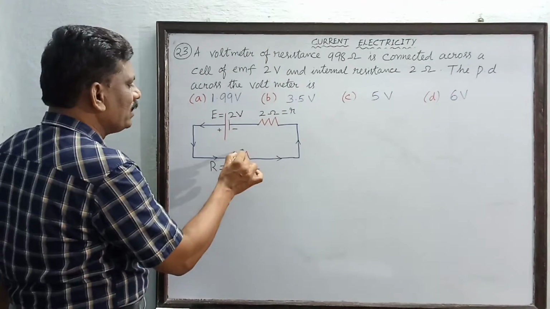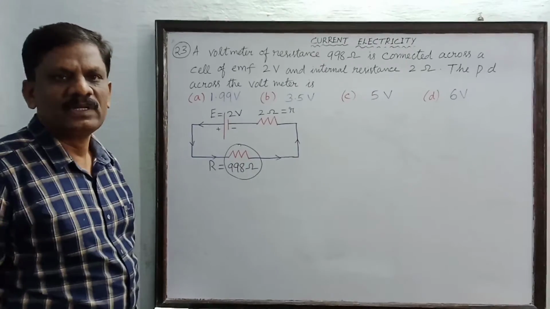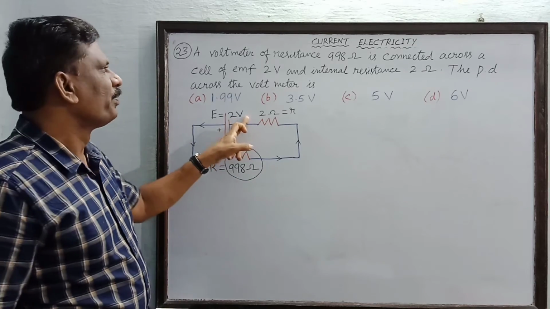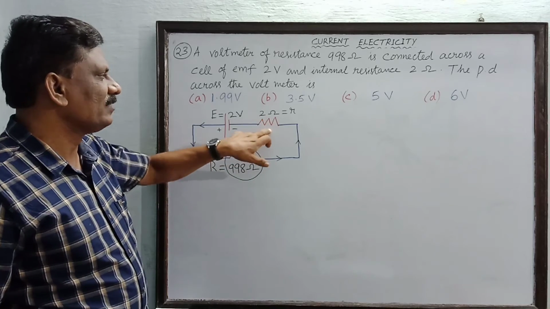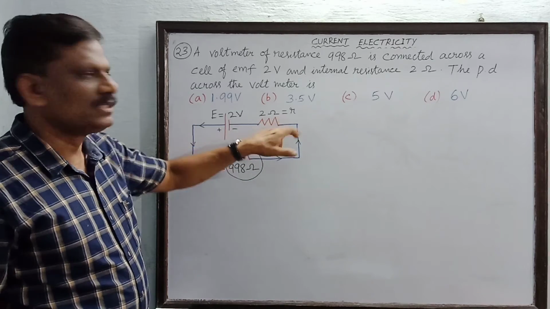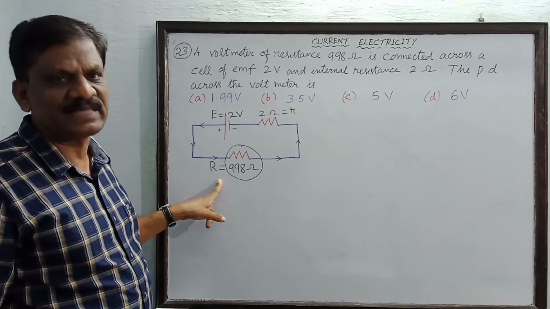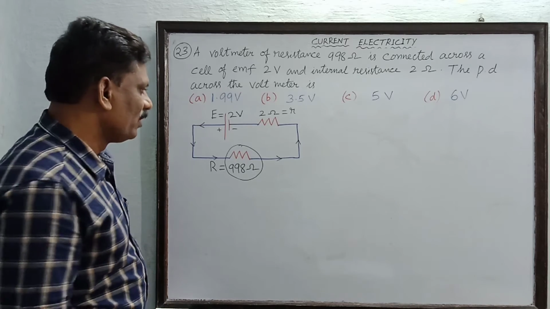So this is the voltmeter having a resistance of 998 ohm. When it is connected across the cell of EMF 2 volt, what will be the potential difference is asked. The internal resistance of the cell is given as 2 ohm. So small r is equal to 2 ohm and the external resistance of the voltmeter is capital R, that is equal to 998 ohm.